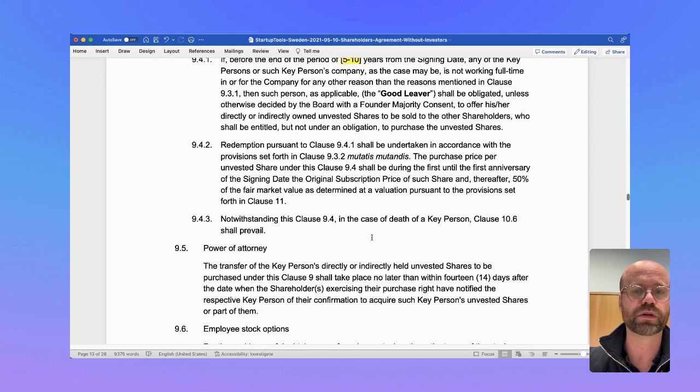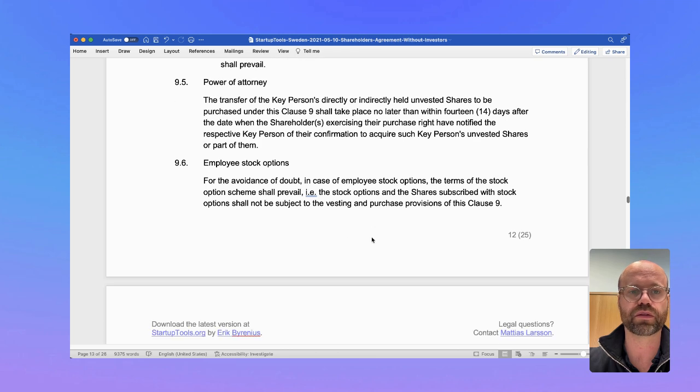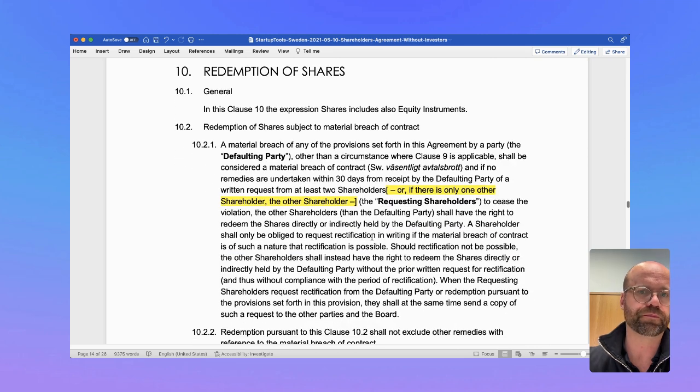And then you would have clauses stating how these shares should be valued if the good or bad leaver is forced to sell shares. You also have a section here called redemption of shares, and this regulates if someone, for instance, breaches this contract and gives out secrets to a competitor, or does something that is materially bad for the company and really goes against the will of this shareholders agreement.